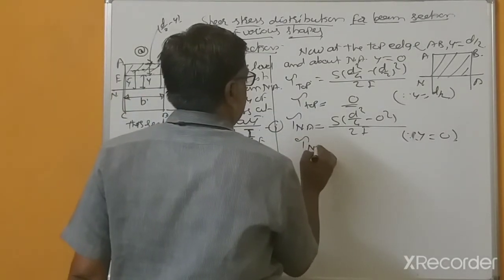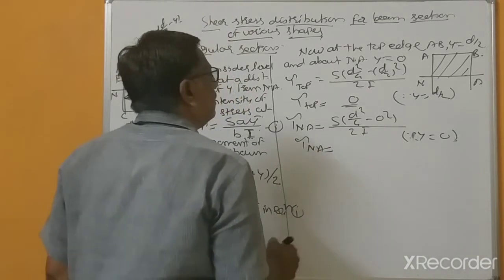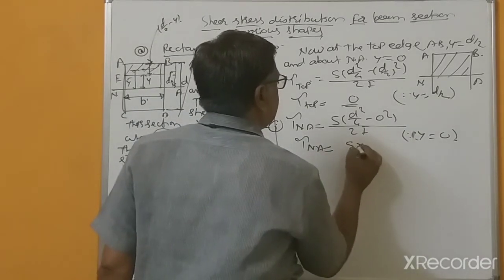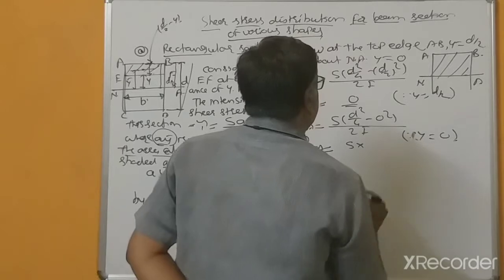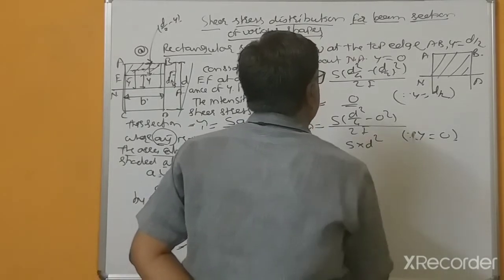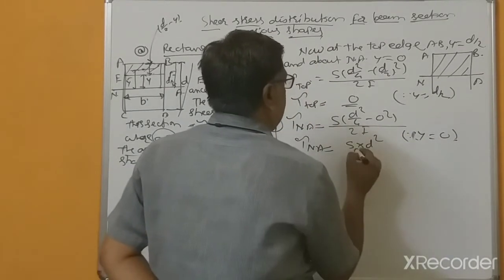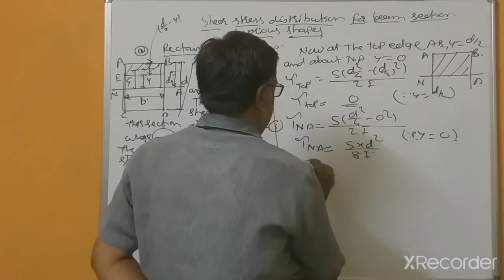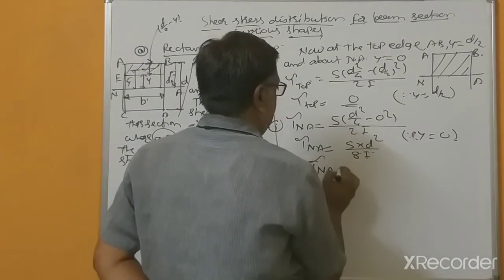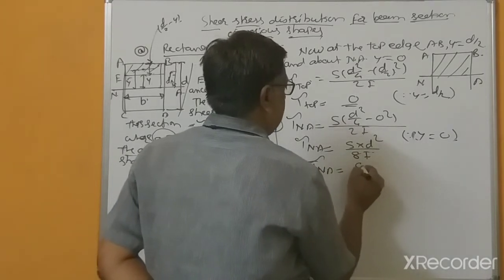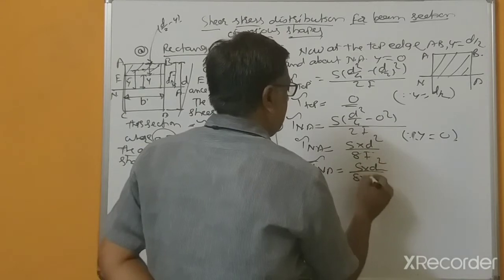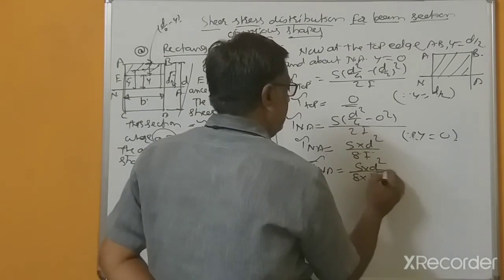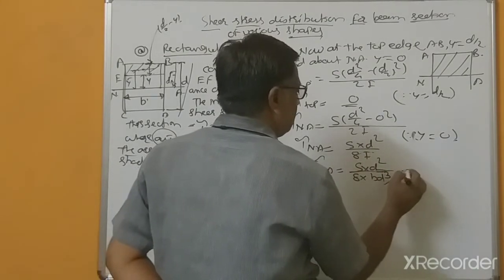So that's why, at the neutral axis, tau equal to S into D square divided by 8 into I, where I equal to B D cube divided by 12.